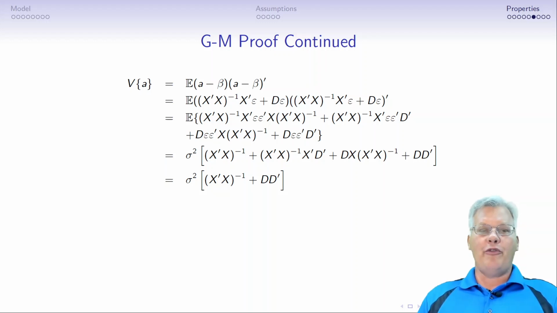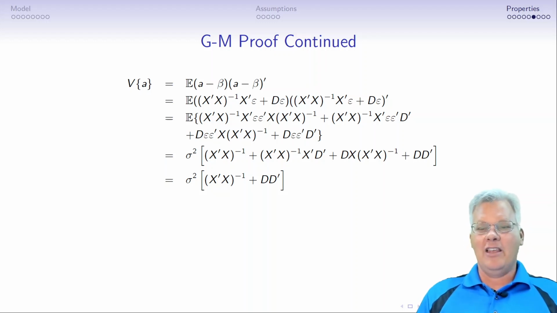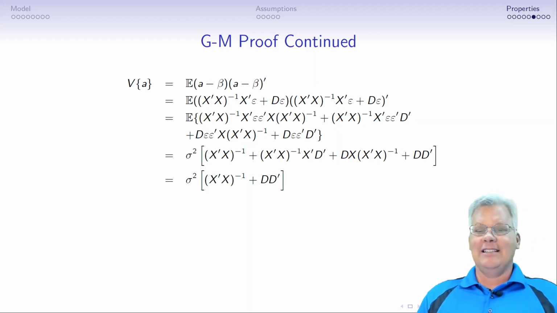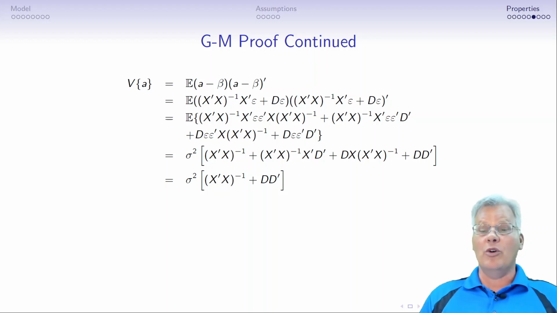But you remember from the previous slide, what we found is that for A to be unbiased, d times x had to be equal to a matrix of zeros.